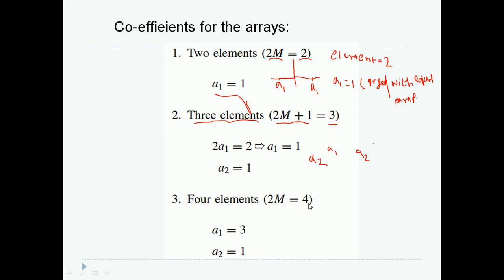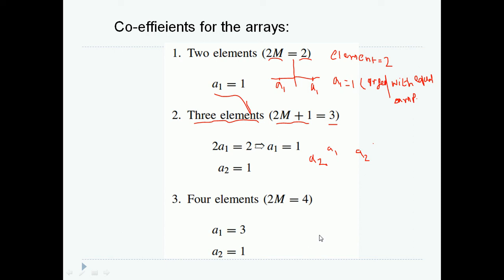Now when m is equal to 4, this is again an even number. So I will be having elements A2, A1, A1 and A2 symmetric about the axis.